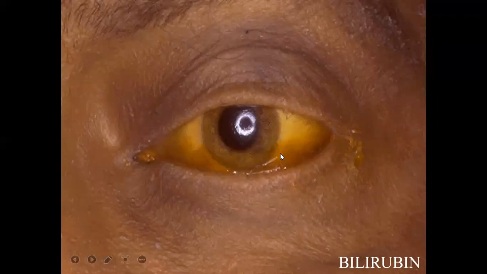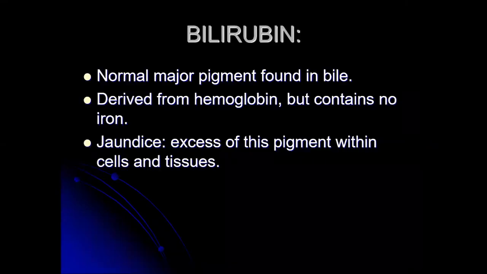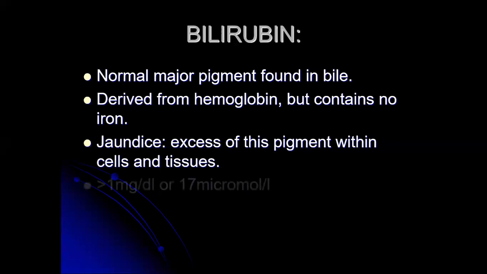In excess, you see it on the sclera of the eyeballs as that yellowish pigment we call jaundice. And hence, jaundice is excess of bilirubin pigment within cells and tissues. And in the lab, any amount above 1 milligram per deciliter will manifest itself as jaundice, or 17 micromoles per liter.